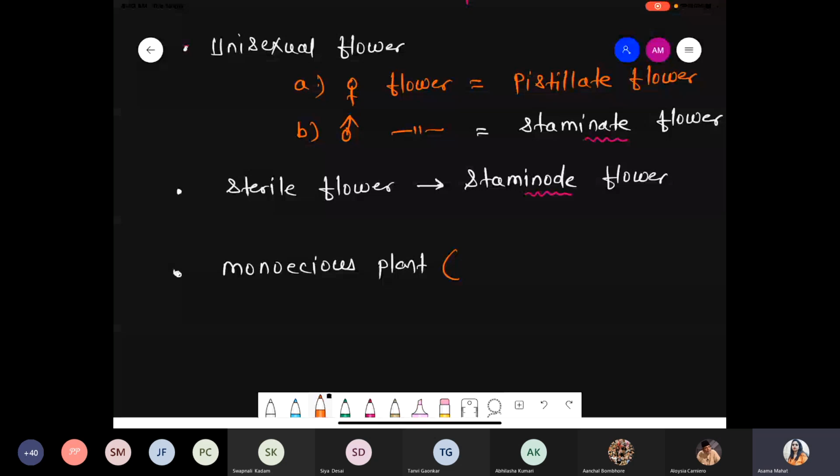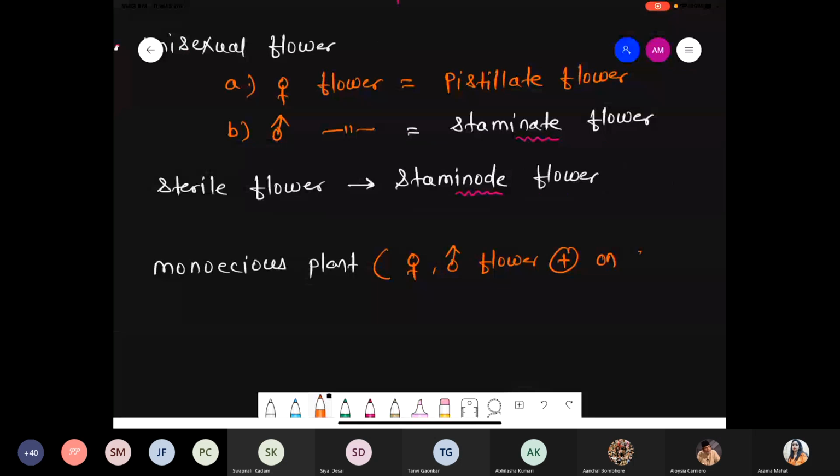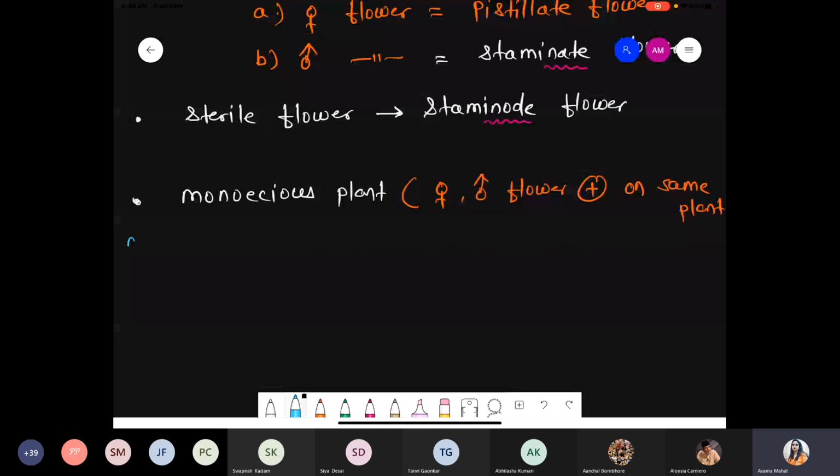Such a condition is called a monoecious plant. Questions have already been asked, because this point is common for the reproduction in plants chapter. The examples for the monoecious plant: a CC series will come here. C for coconut, C for cucurbits, C for castor.